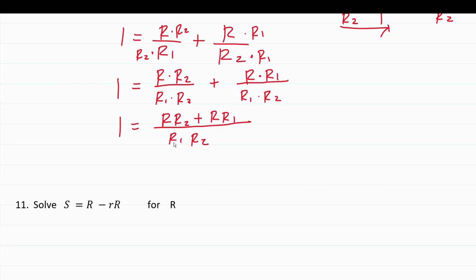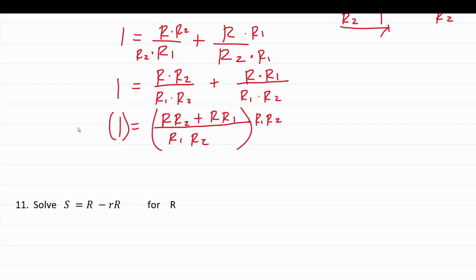All right, so now we want to clear r1 r2 from our denominator, so we're going to multiply both sides by it. Again, this says divide by r1 r2. To get rid of it, you perform the opposite, which is multiplication in this case. So we're going to do r1 r2, and we're going to do that over here as well.